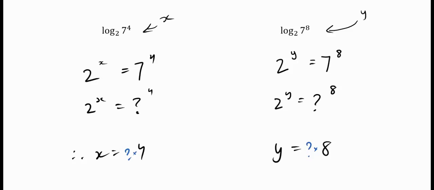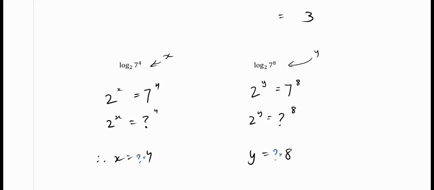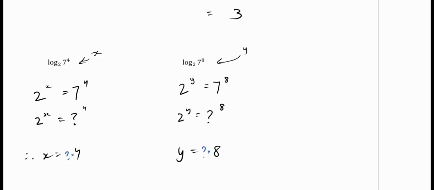That's kind of what we noticed. And it's a little bit of a leap, but what I can do is say log base 2 of 7 to the 8 is equal to 2 times log base 2 of 7 to the 4. Again, if you take my word for what we've done, that kind of shows it makes sense.